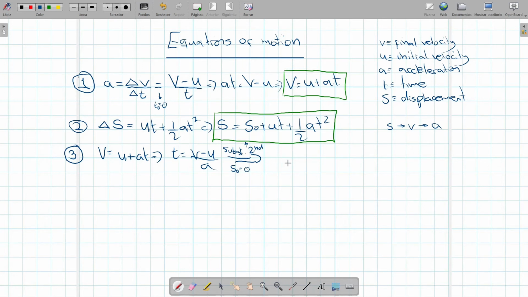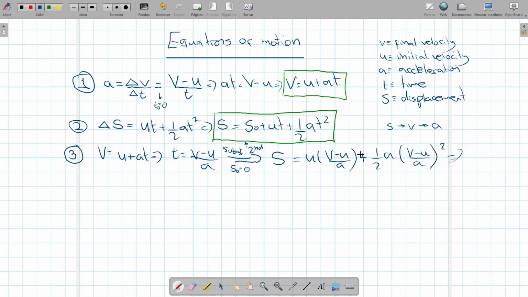So we have S equals u, and we substitute t by v minus u divided by a, plus a half a times v minus u divided by a, squared.